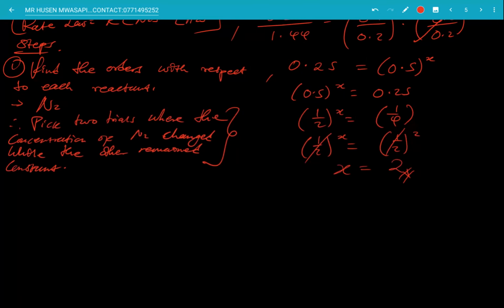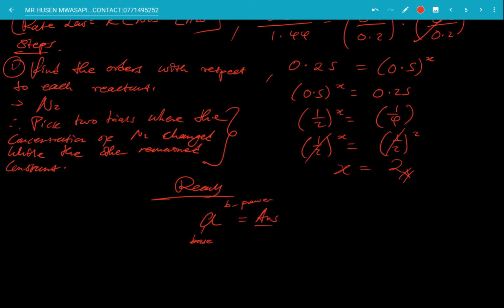Now others are not comfortable with this. Others would use logs. So remember, just a quick recall from logs. If you have a raised to b being equal to, say, the answer, this is the base, this is the power, and this is the answer.